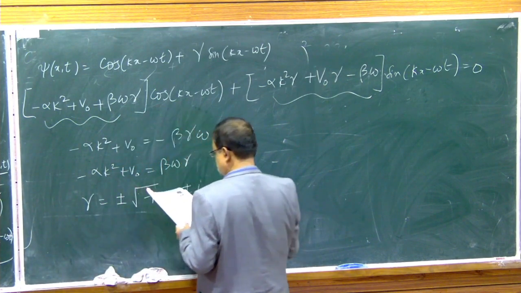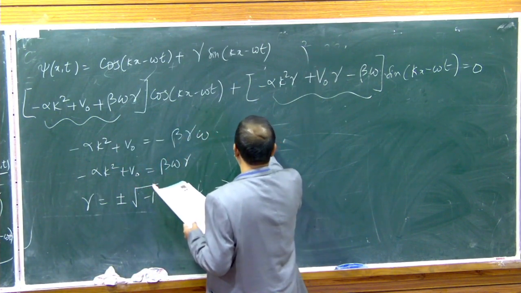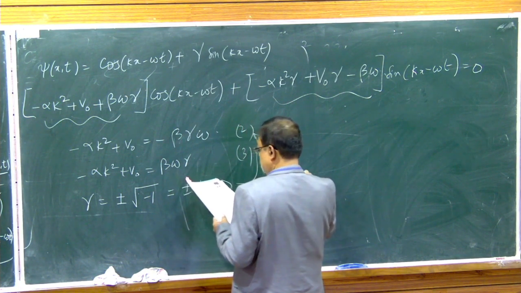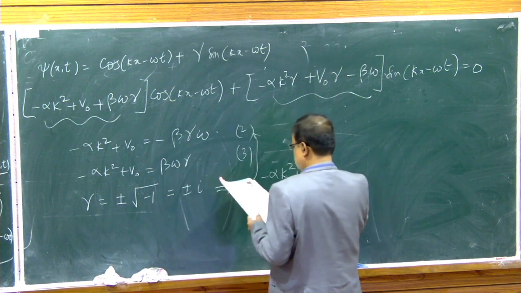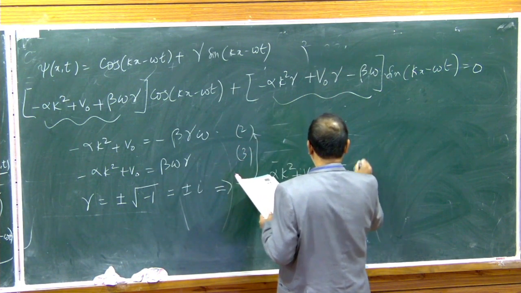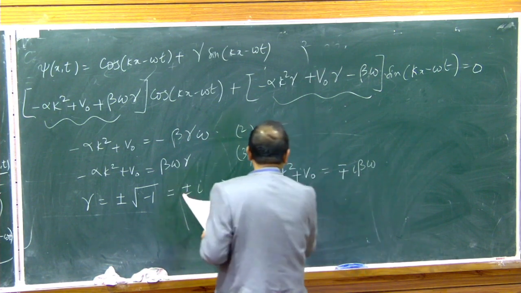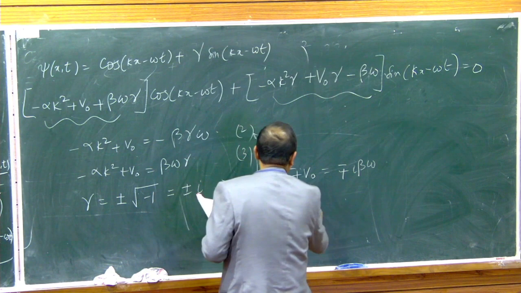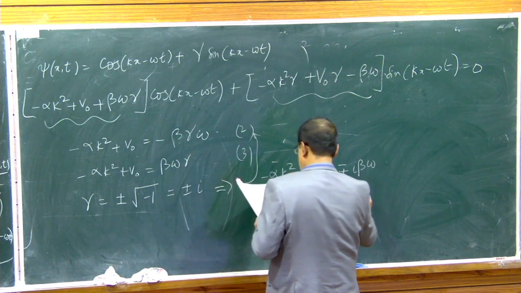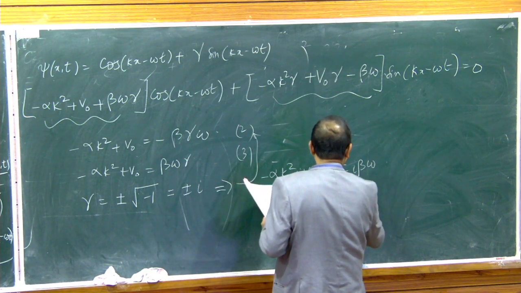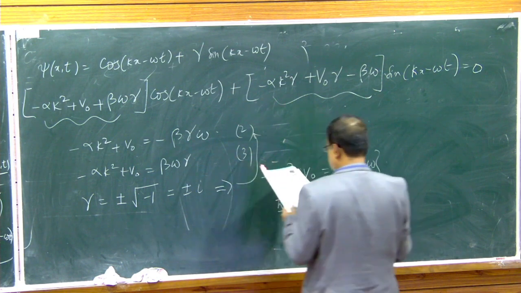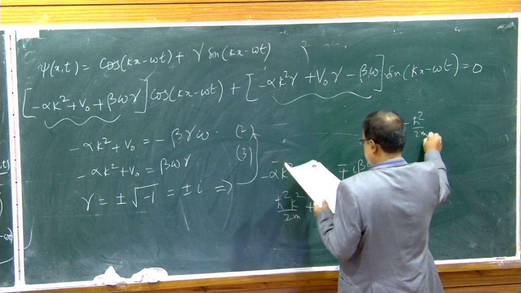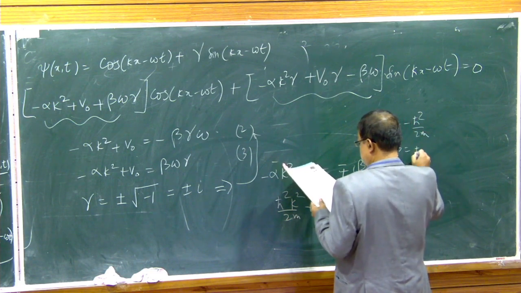And if you put this into, say, equation 2, you get minus alpha k squared plus alpha v naught equal to minus plus i beta omega. If you compare this with h cross squared k squared over 2m plus v naught, which is equal to h cross omega, that immediately tells you that your alpha is equal to minus h cross squared by 2m and beta equal to plus minus i h cross.